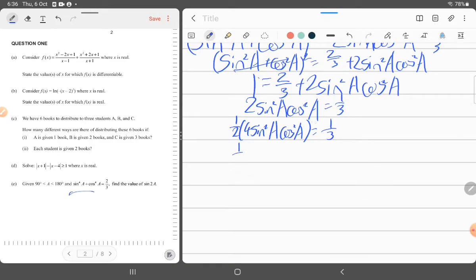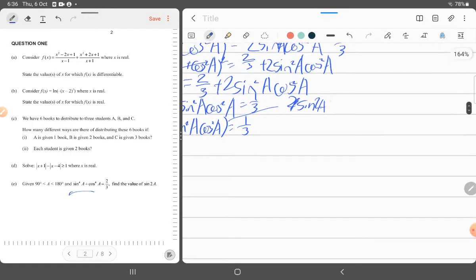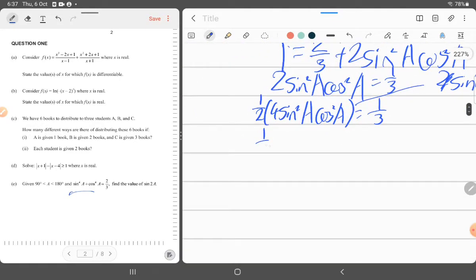Sine 2a is equal to 2 sine a cosine a. So sine squared 2a is equal to 4 sine squared a cosine squared a. So half of sine squared 2a is equal to 1 over 3.